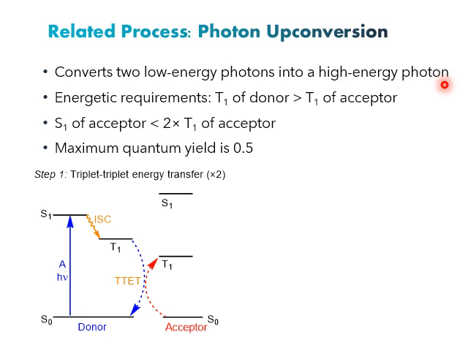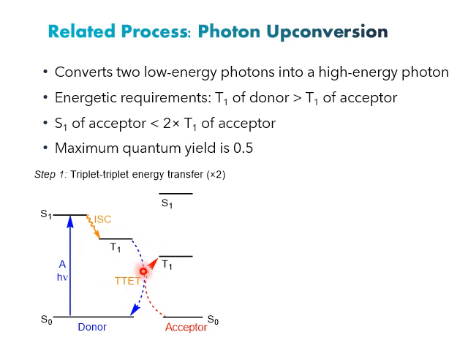So basically the first step of photon upconversion is triplet energy transfer, occurring in the exact same way as I just showed you. This time I'm just showing it in terms of a Jablonski diagram, but again, what occurs is that your donor is excited. This requires triplet states, so you're going to cross over into the T1 state of your donor, and then from there, triplet energy transfer populates the T1 state of the acceptor.